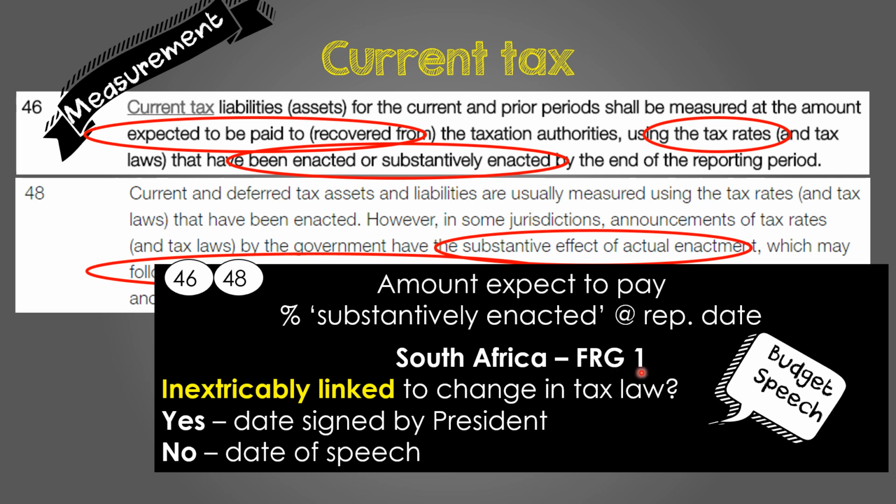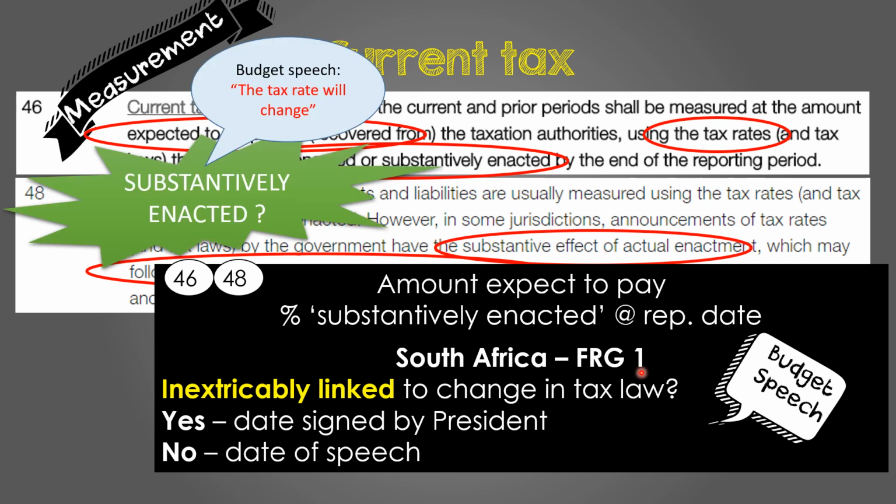And you will find FRG 1 in your SAICA handbook. FRG 1 says that when we have to make this decision whether an announcement is actually a substantive enactment of the change, we have to ask ourselves first whether this change that has been announced is inextricably linked to a change in the tax law.